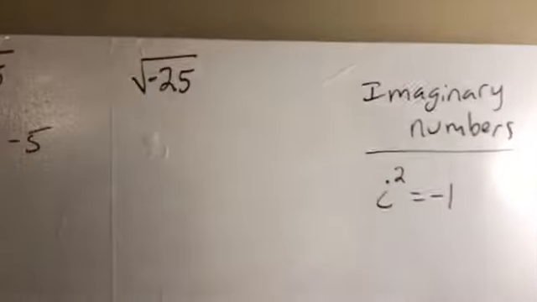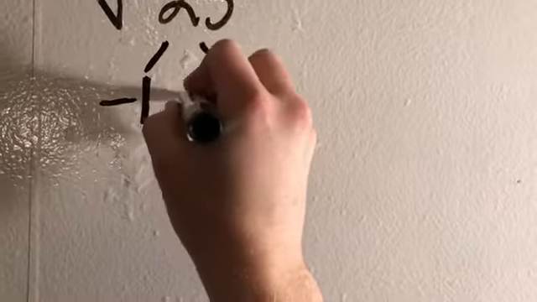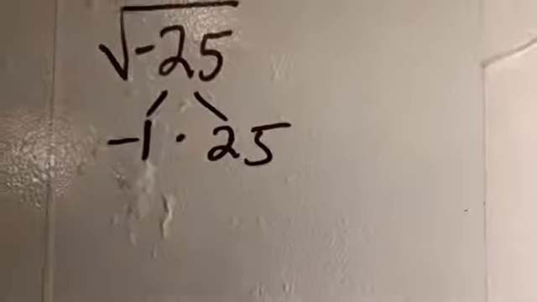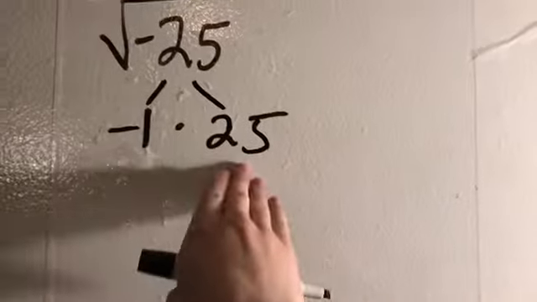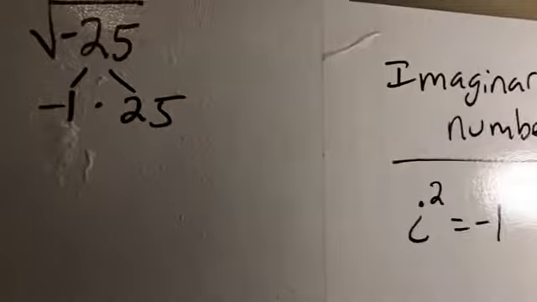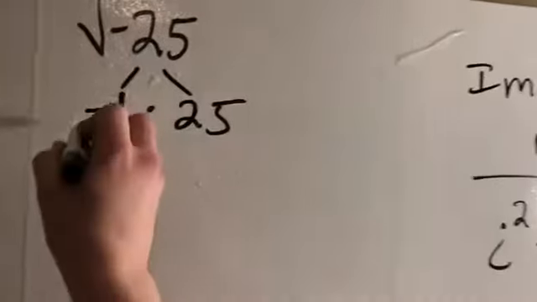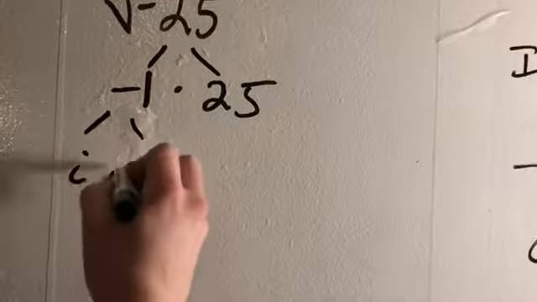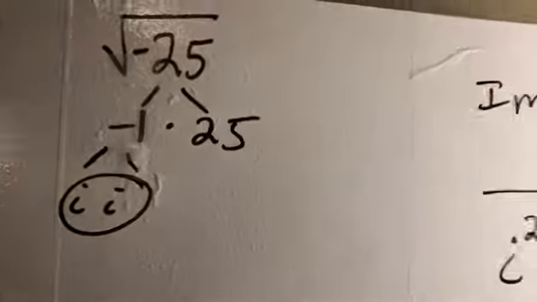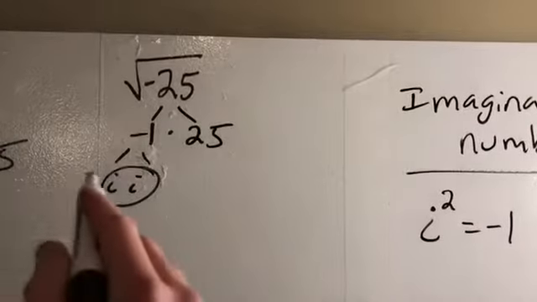So when I start breaking this down, I'm going to first separate out negative 1 times 25, because we can all agree negative 1 times 25 is negative 25. For the rest of your mathematical career, if you have a negative 1 underneath a square root, that can be split into a pair of i's. i squared is the same thing as negative 1, which is just i times i.